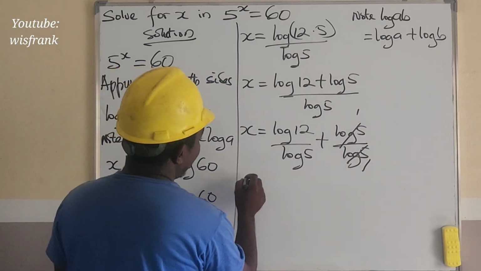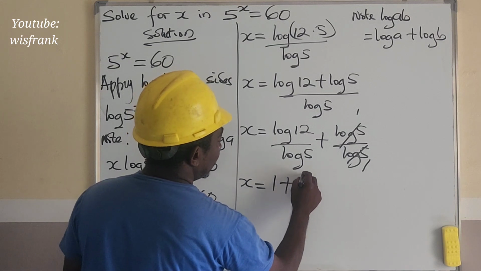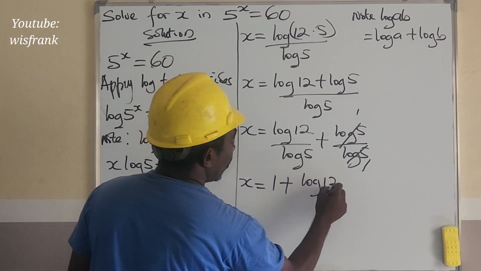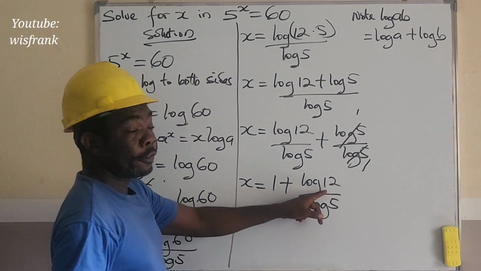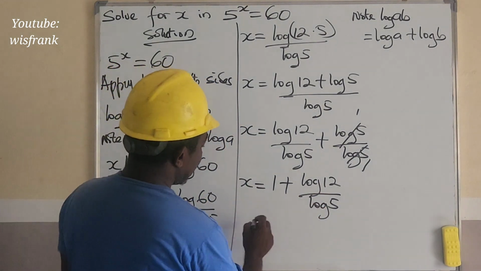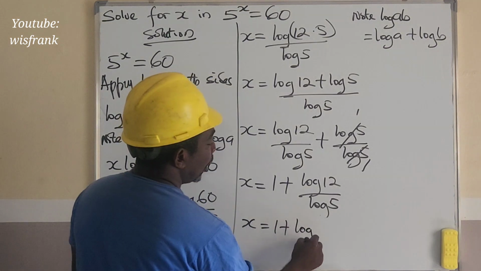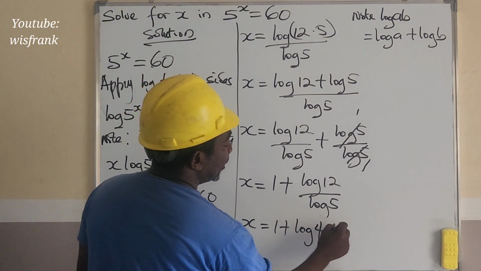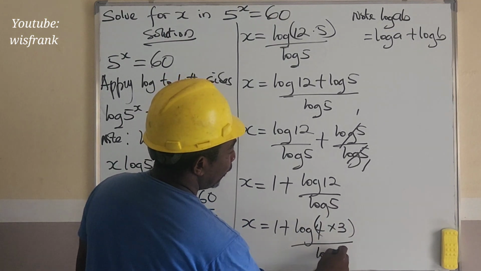So we are now left with x equals 1 plus log 12 all over log 5. 12 can also be written as 4 times 3. So this can be written as x equals 1 plus log of 4 times 3 all over log 5.